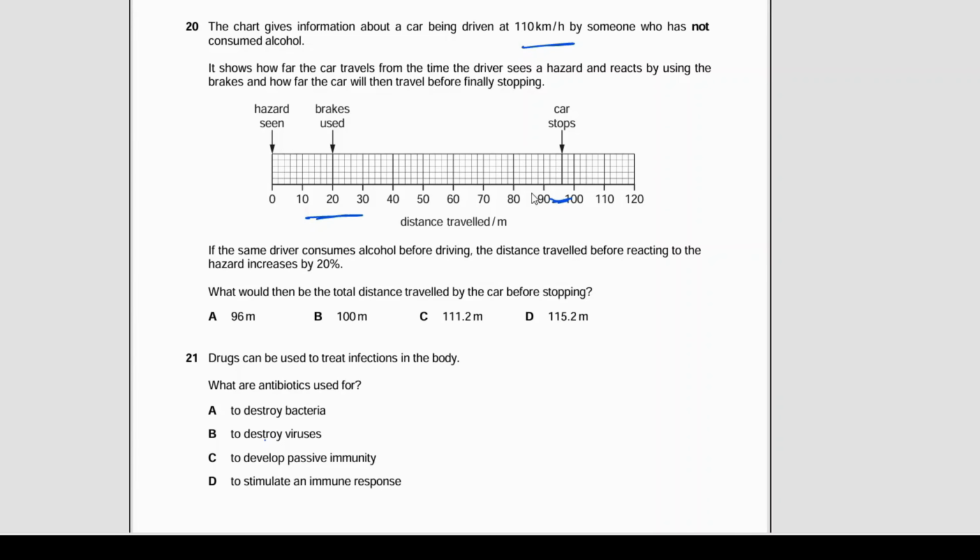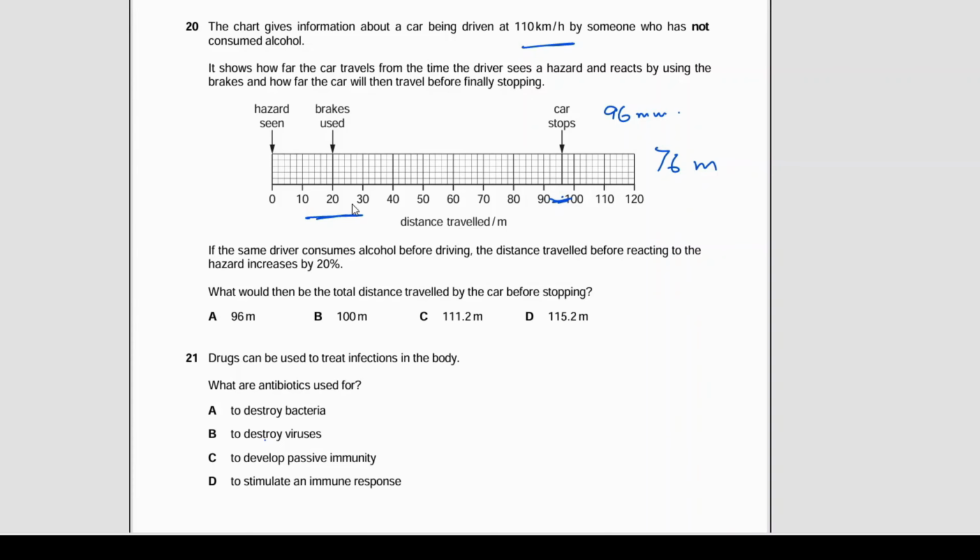Okay, got it. So it's almost 96 meter. And 96 minus 20 is... So wait, we have to calculate it for this. Now this is for like 76 meter, let's say.